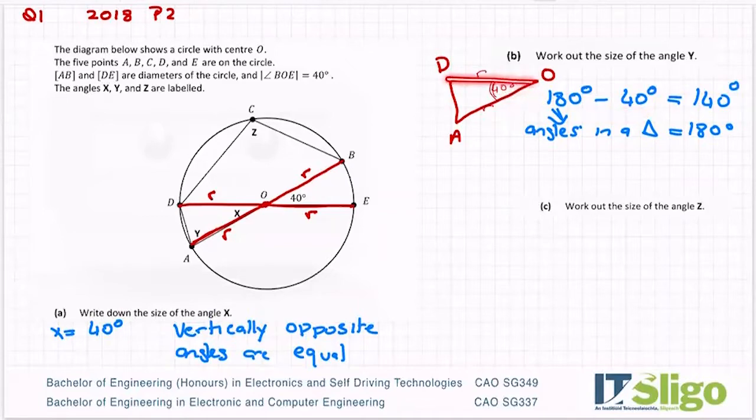So because it's an isosceles triangle with 2 equal sides, these 2 angles are also equal in measure. So that's why we can go 140 degrees divided by 2 is equal to 70 degrees, which is equal to that angle Y. Why?